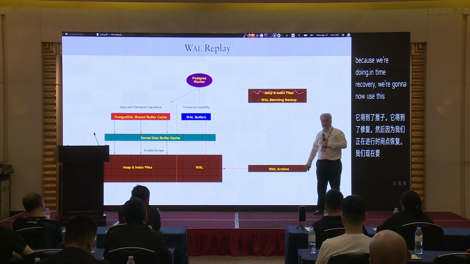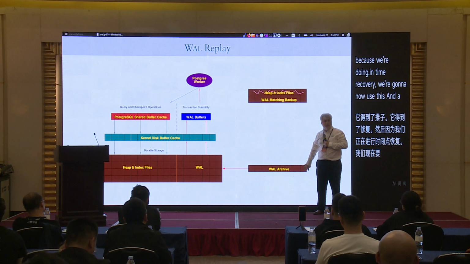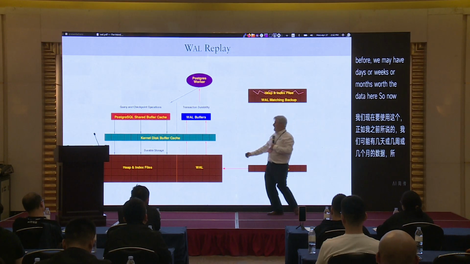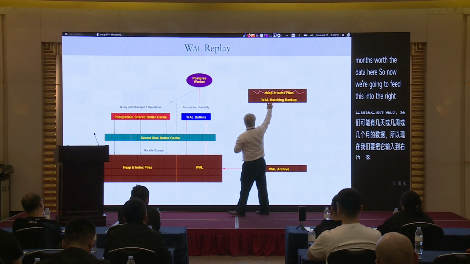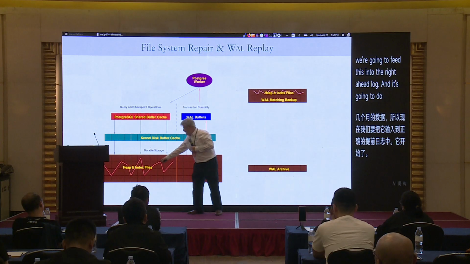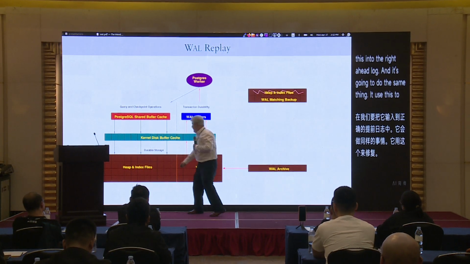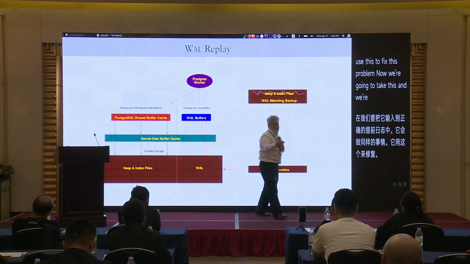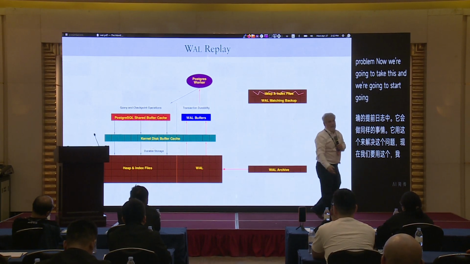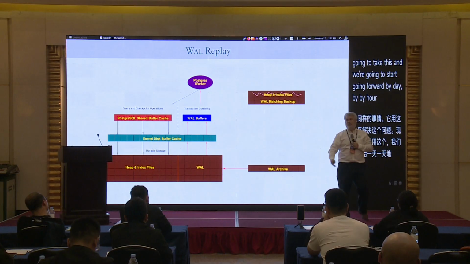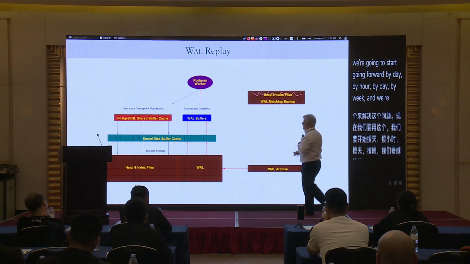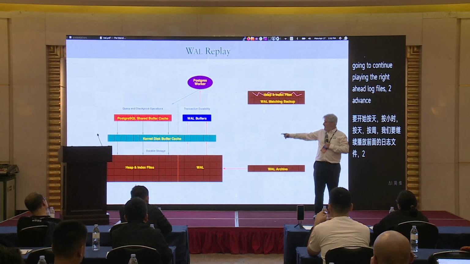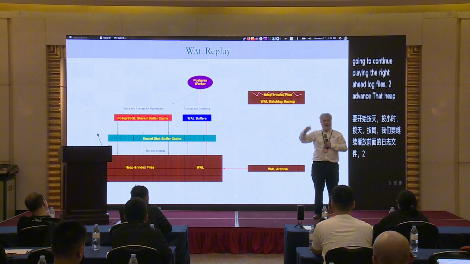And as I said before, we may have days or weeks or months worth of data here. So now we're going to feed this into the write ahead log, and it's going to do the same thing. It used this to fix this problem, right? Now we're going to take this and we're going to start going forward by day, by hour, by week, and we're going to continue playing the write ahead log files to advance that heap and index files forward in time.